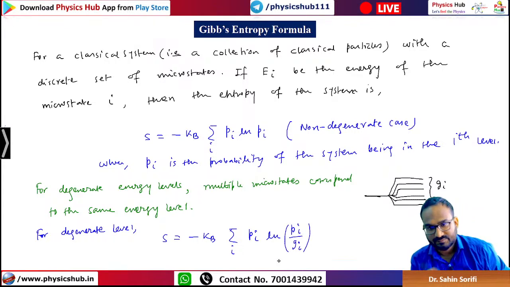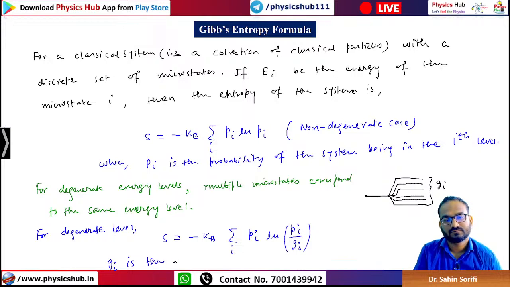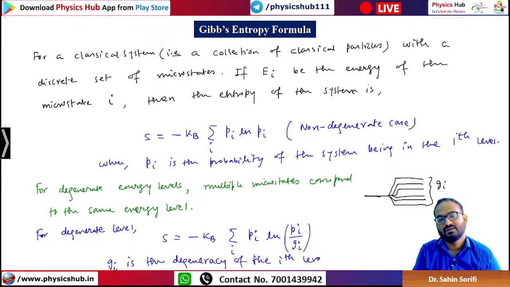That is the only difference we will have. gi is the degeneracy of the ith level. So, how many states have this energy Ei? That is the degeneracy.